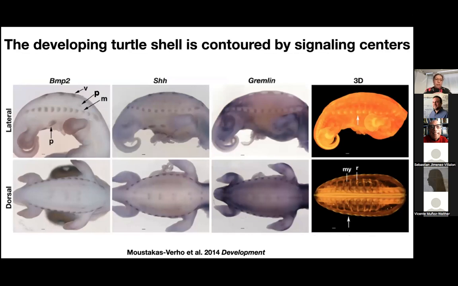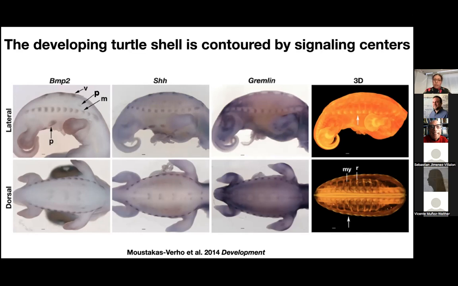And we've looked at several different molecules that we know to be active in the regulation of different types of skin structures, for example, hair, teeth, scales. And you can see that these genes are expressed in and around these signaling centers. So BMP and sonic hedgehog have overlapping expressions in these early precursors to these scutes, whereas gremlin, in this third column, has a complementary expression to those other genes.